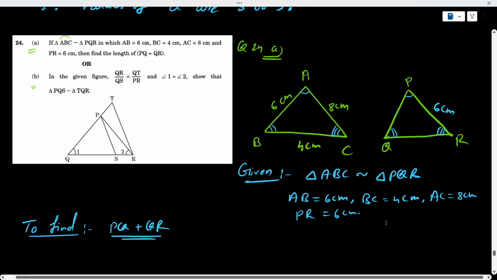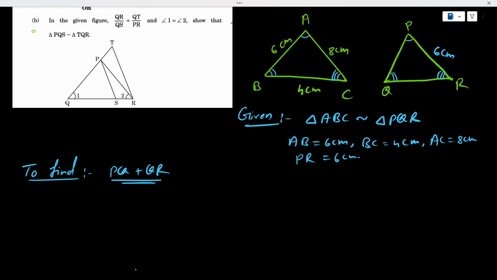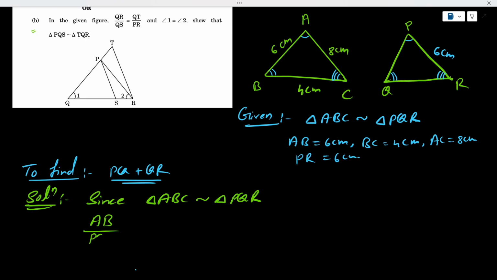Now, solution: you will start here. Since triangle ABC is similar to triangle PQR, and in similar triangles corresponding sides are in equal ratio, AB by PQ equals AC by PR equals BC by QR.